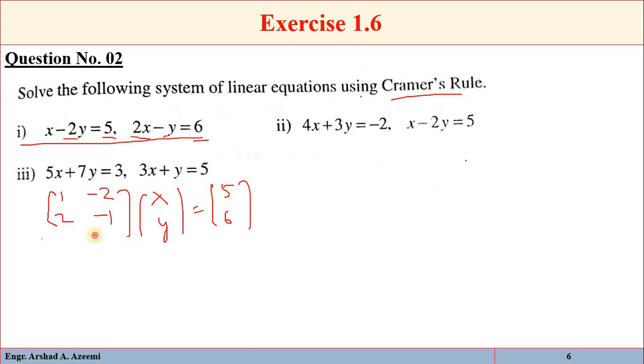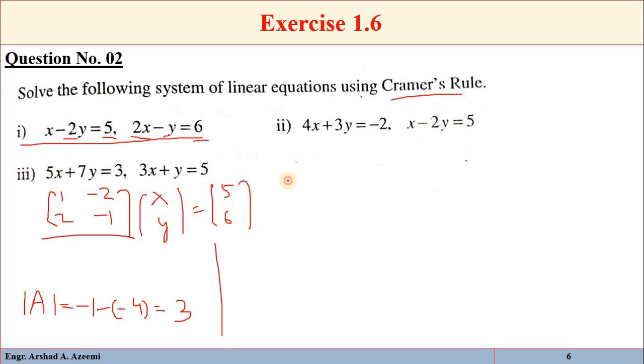Okay, now this is matrix A. So the determinant of this matrix A is equal to 1 multiplied by minus 1, that is minus 1, minus 2 multiplied by 4, so that is minus 4. So the determinant is minus 1 plus 4, that is 3. Okay, that is determinant of A.